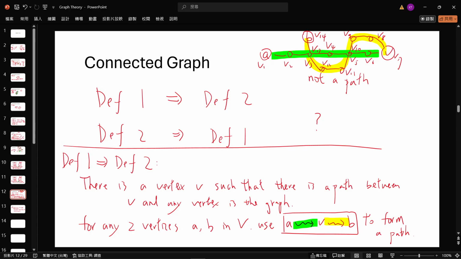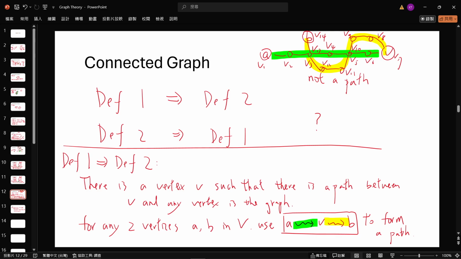Find the same vertex. The same vertex between two paths. What do you mean by the same vertex between? Oh, you mean this repeated duplicated vertex? Okay, and then? And then we can start from A. We keep going when we meet the first same vertex.